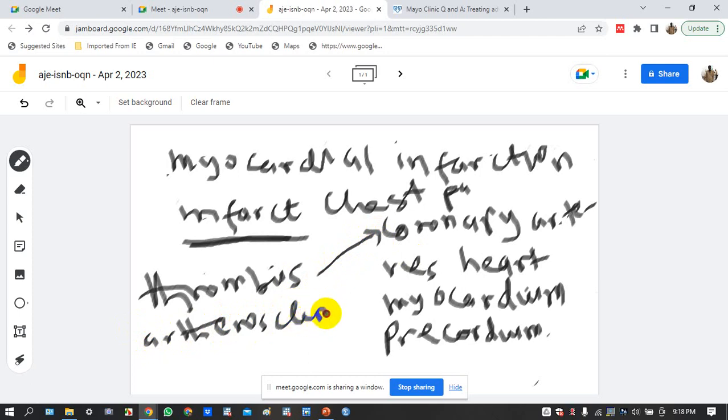So when there is atherosclerosis, thrombus is formed in the coronary blood vessel which supplies the myocardium.